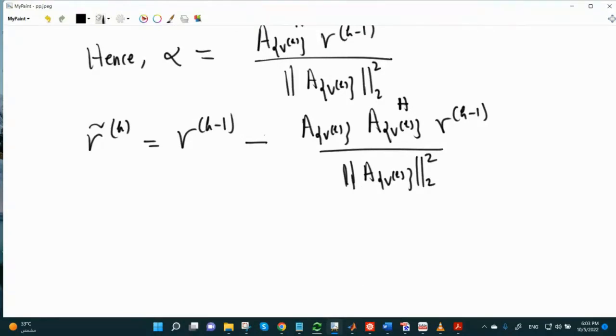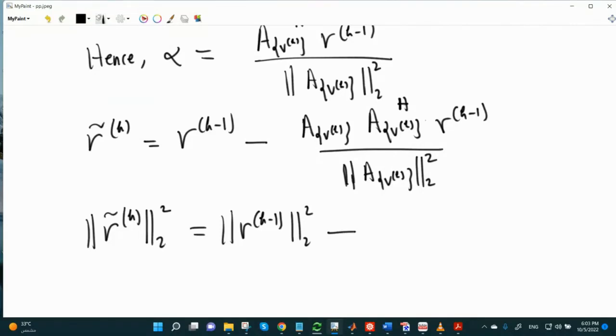Again, there is a projection matrix, right? So there is identity minus this thing. So this is an orthogonal projection matrix that projects orthogonal to this vector. Okay. Now compute this guy. Just do it like this. So take the L2 norm squared, and it will be the L2 norm squared of this vector minus the L2 norm squared of that vector.